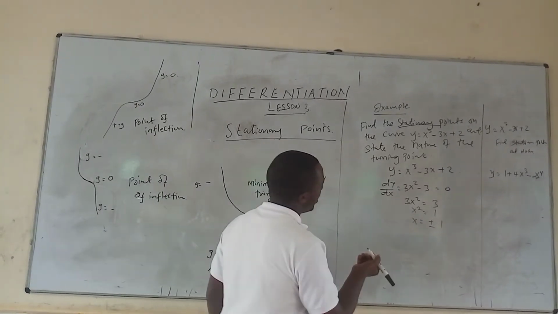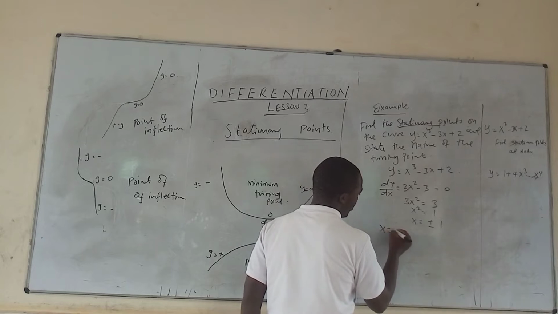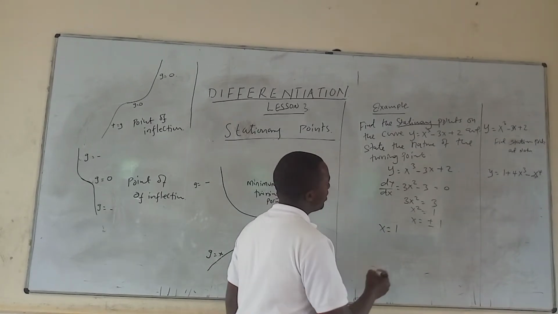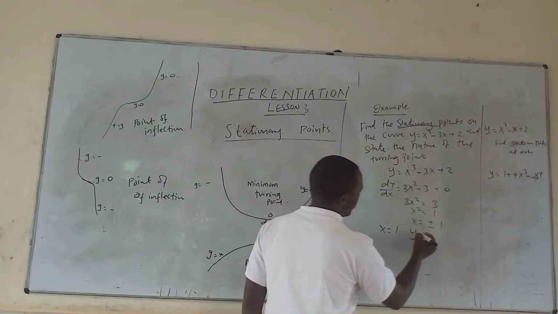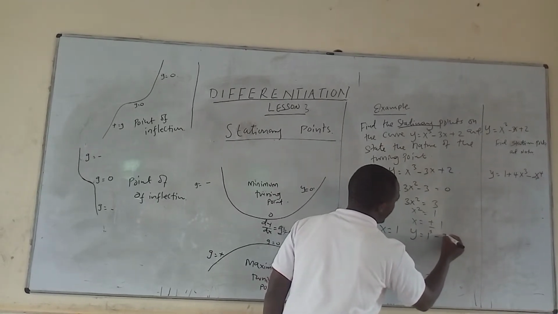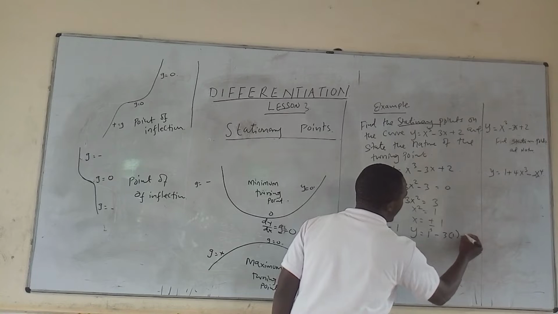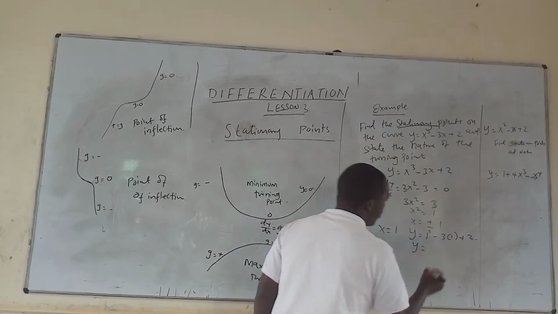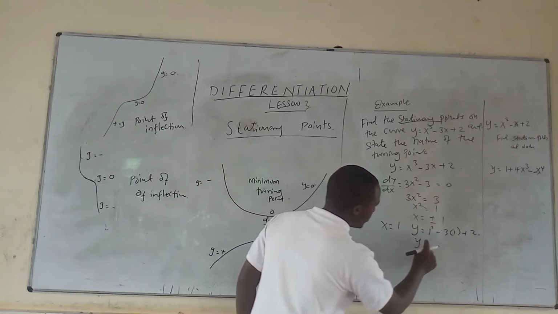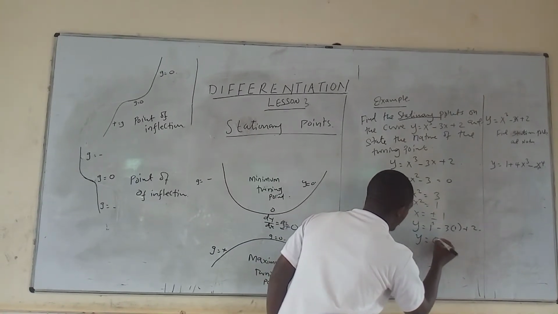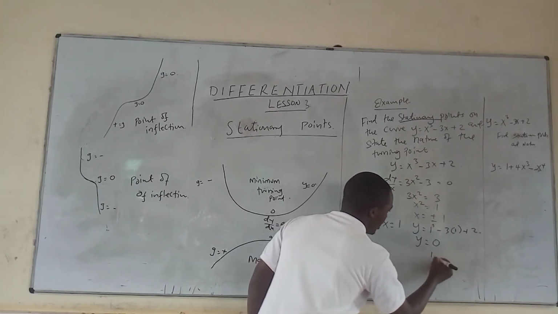So let me find the values of y. When x = 1, the value of y is 1³ - 3 × 1 + 2, so y is equal to 0. So the point is (1, 0).